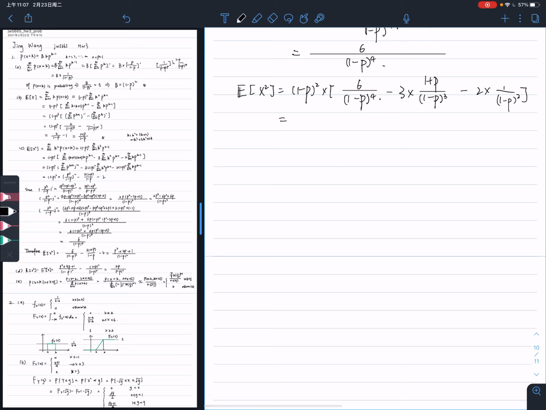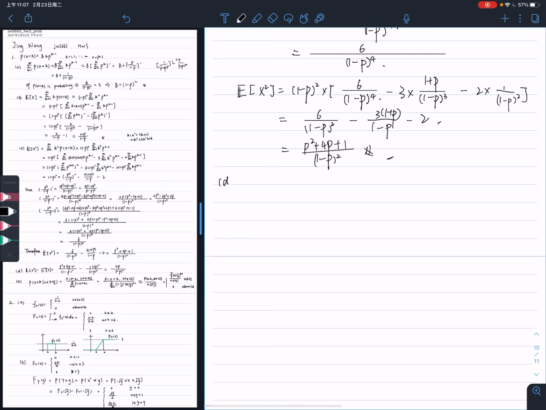So it is (1-p)^2 times [6 plus... minus 3(1-p) minus 2]. Also this is 1 plus p. So by simplification, we know that it is equal to (p^2 + 4p + 1) over (1-p)^2. So we get the value of the expectation of the square of the random variable.